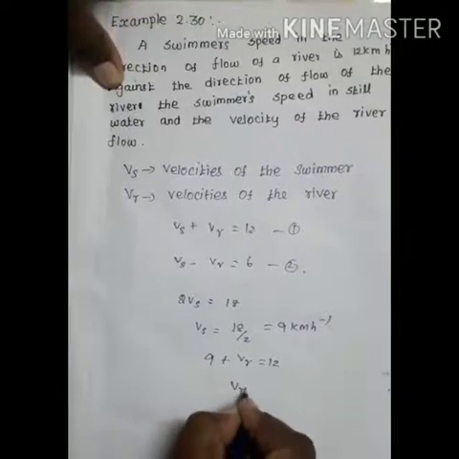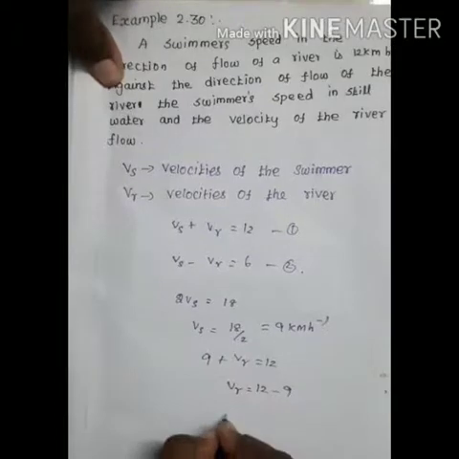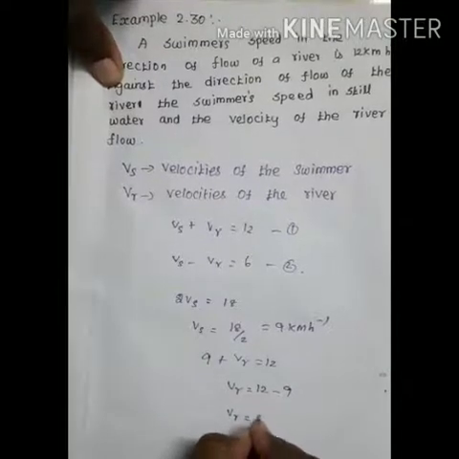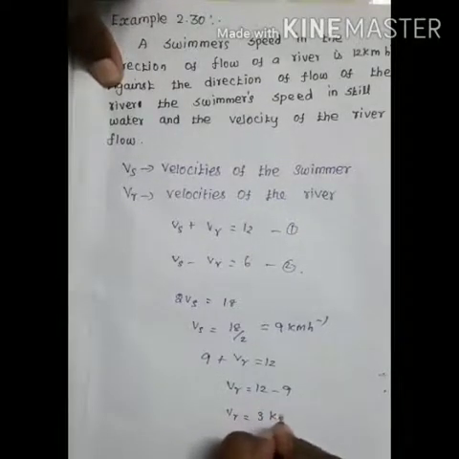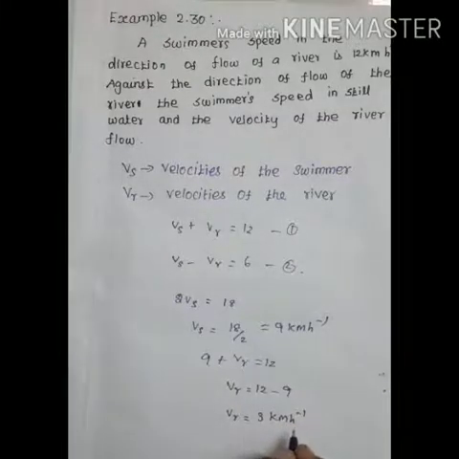Therefore, V of R is equal to 12 minus 9, which is 3 km/h. When the river flows and the swimmer moves in the same direction, the net velocity of the swimmer is 12 km/h.